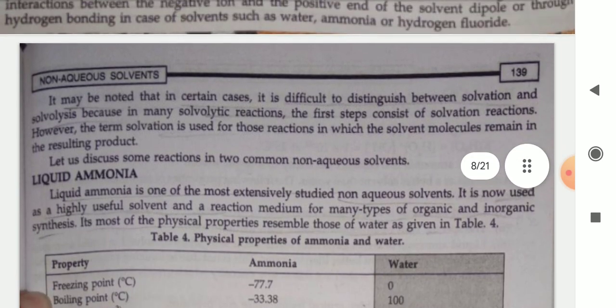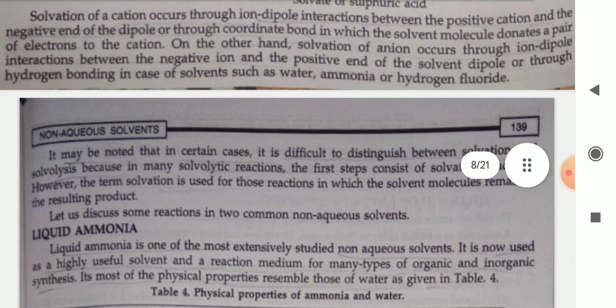It may be noted that in certain cases it is difficult to distinguish between solvation and solvolysis because in many solvolytic reactions the first step consists of a solvation reaction. However, the term solvation is used for those reactions in which the solvent molecule remains in the resulting product.